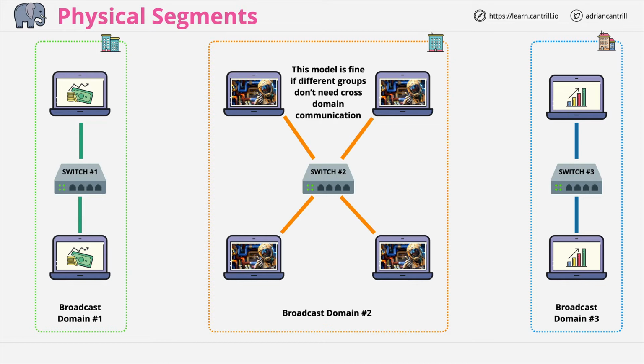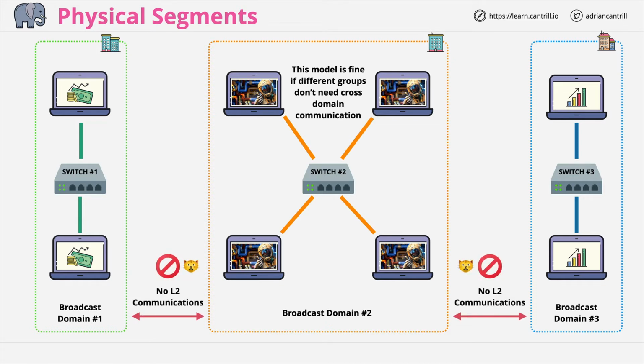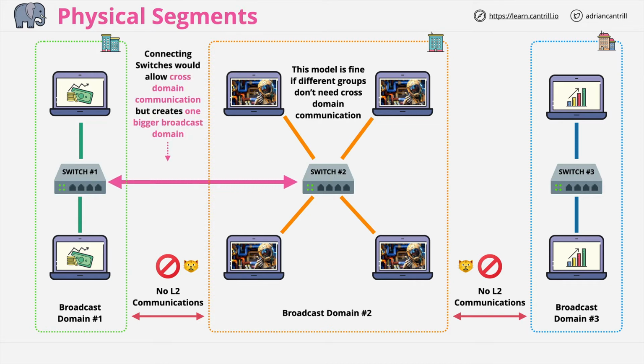The issue right now is that none of these switches are connected, so the switches have no Layer 2 communications between them. If we wanted to do cross-building or cross-domain communications, then we could connect the switches, but this creates one larger broadcast domain, which moves us back to the architecture on the previous screen.